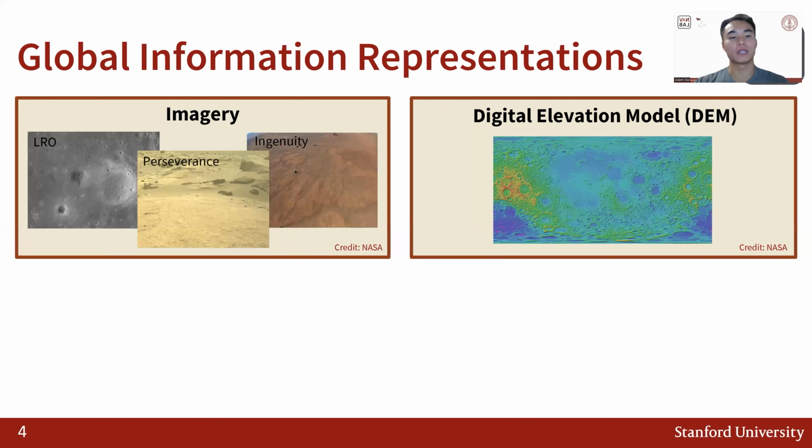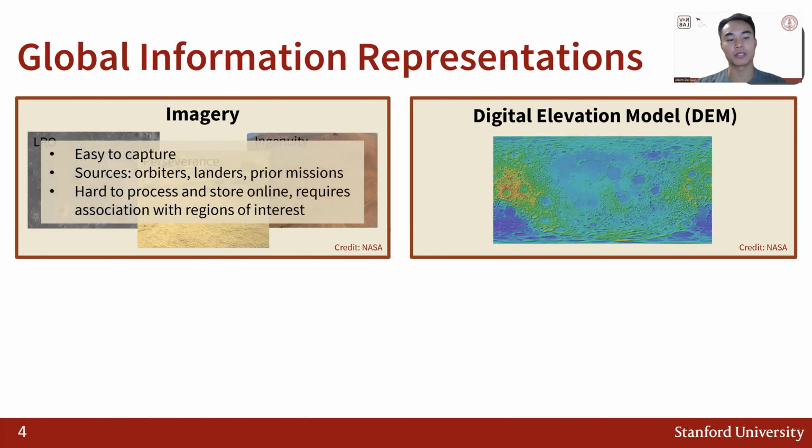Now, let's talk about the information sources that are available to us in this extraterrestrial setting. There are 2 primary ones. The first is imagery, and the second are digital elevation models, or DEMs. Imagery is relatively easy to capture, and there are many sources such as orbiters, landers, and prime missions, but it is difficult to process and store images online, and also requires association with regions of interest.